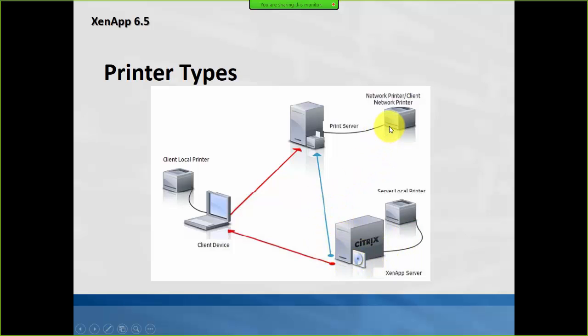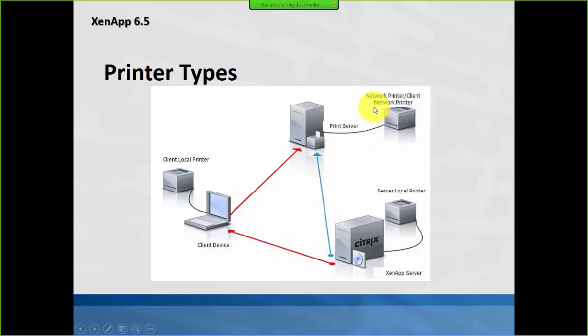And then there is a network attached printer, which is a pretty independent printer attached to the network, and you can just discover it over the network. This is connected by USB cable, a printing cable, to the XenApp server, the Citrix server. This is connected to a print server. So there's a server local printer that is connected to the actual XenApp server.